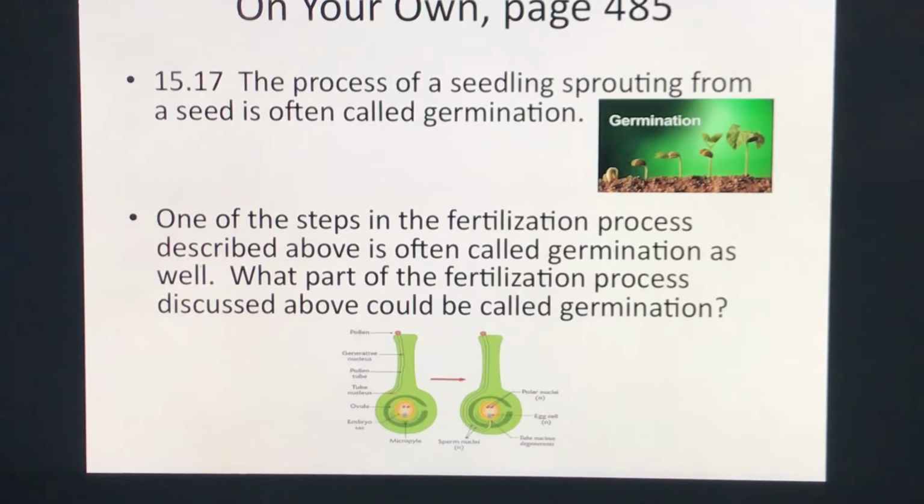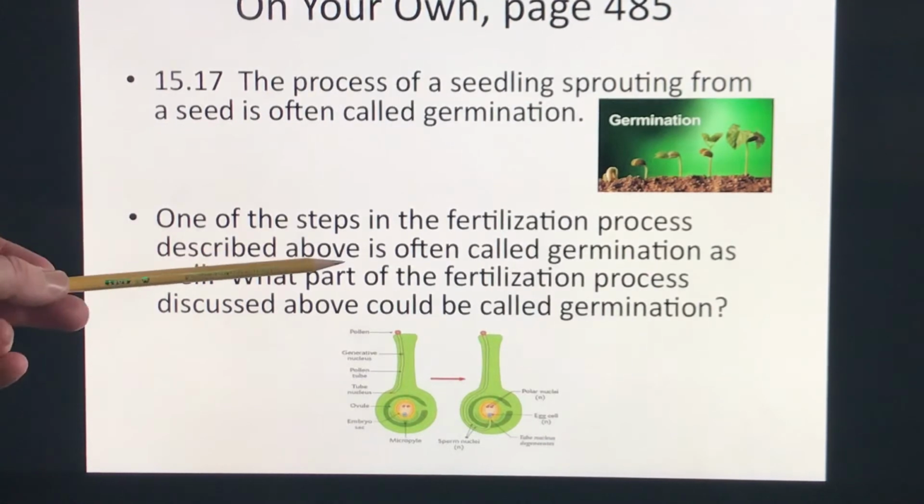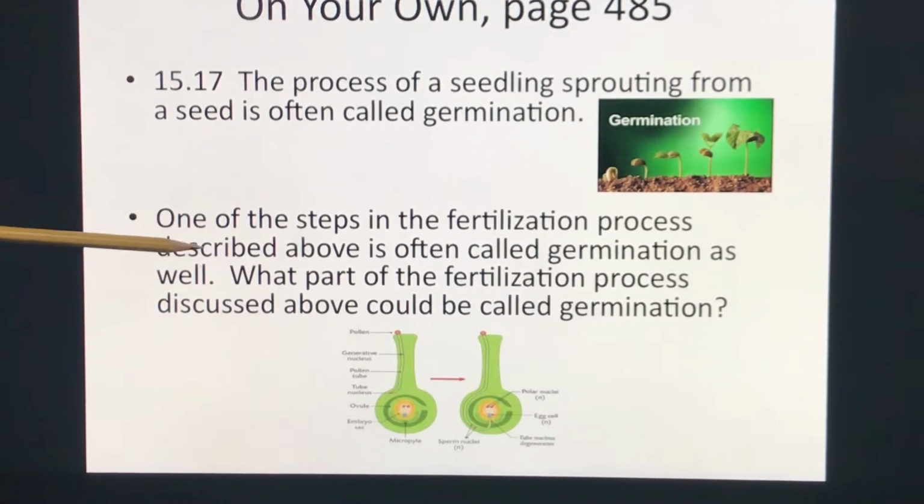Okay, so On Your Own, page 485, the process of a seedling sprouting from a seed is also often called germination. So that's one interpretation of germination. One of the steps in the fertilization process described above is often called germination as well. So when they're saying above, they mean in this just previous part of the chapter.